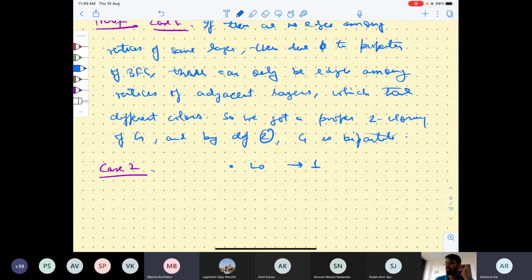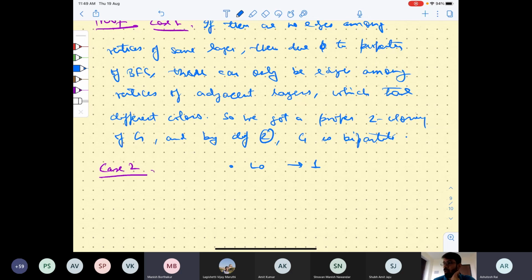So L1 will have the color 2 because there is an edge between every element of L1 and every element of L0, and this we can prove by induction for all the layers.